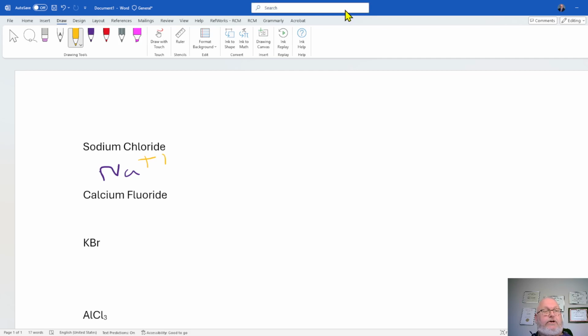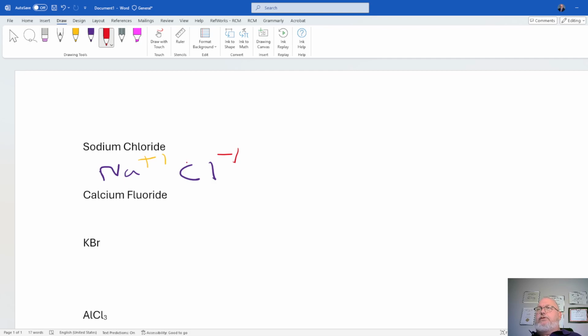Then I look at the next name, chloride. Of course, we already talked about chloride. The root is chlor, so it's chlorine, it's Cl. And it's got a charge of -1. So we've got to balance the charges on these.